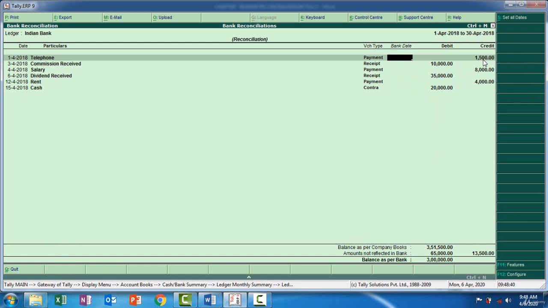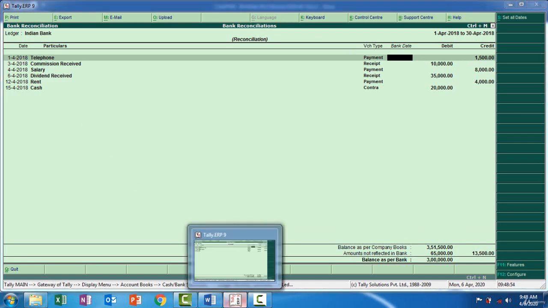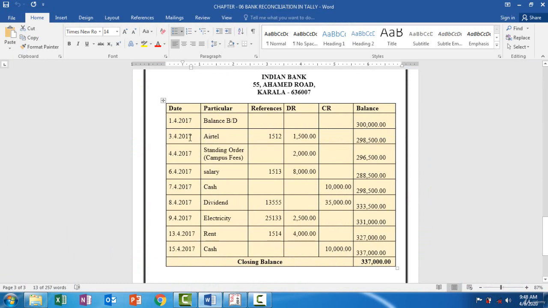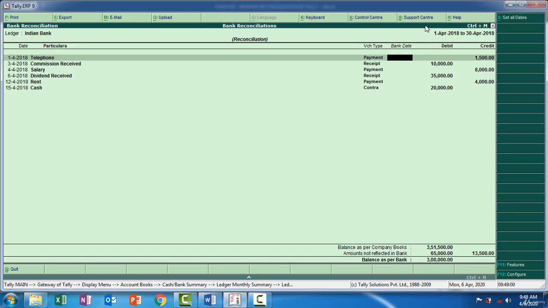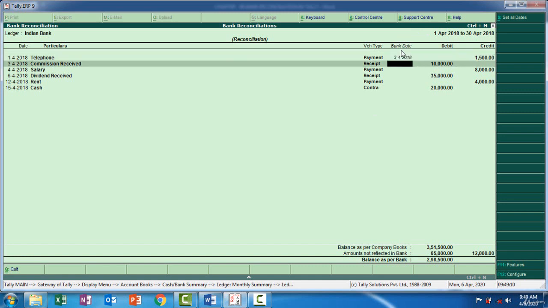The first one, 1,500, we recorded into our company's book on April 1st, but actually it was collected from the bank on 3rd April. So I'm going to put the date the payment was collected by the Airtel company, 3rd April, according to the bank date, right?